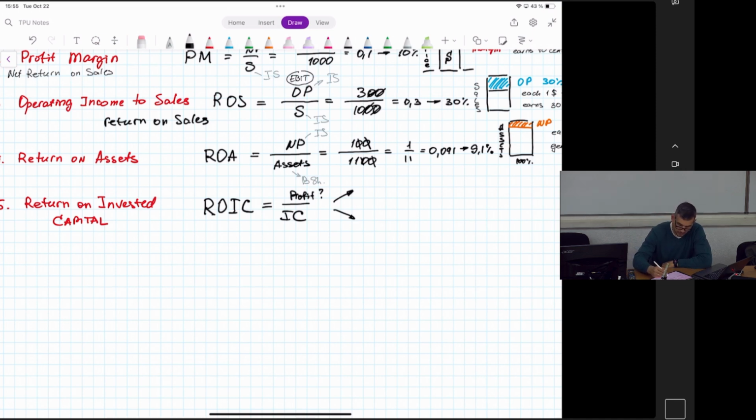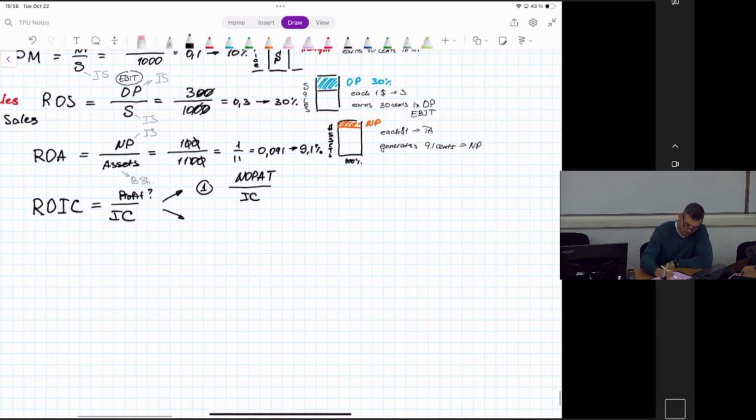So the first approach uses the following logic. They say that we need to compare our invested capital to what is called NOPAT, another abbreviation.